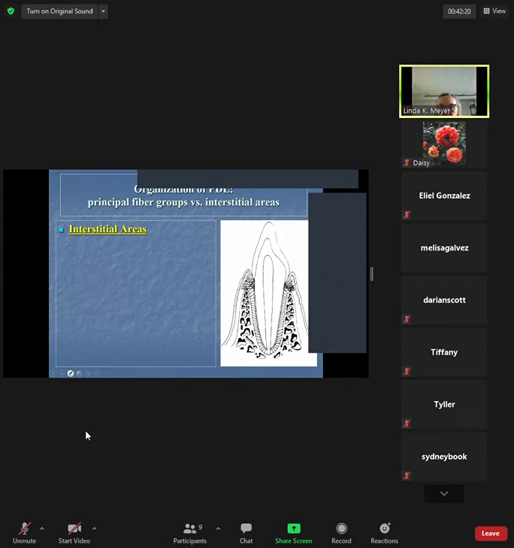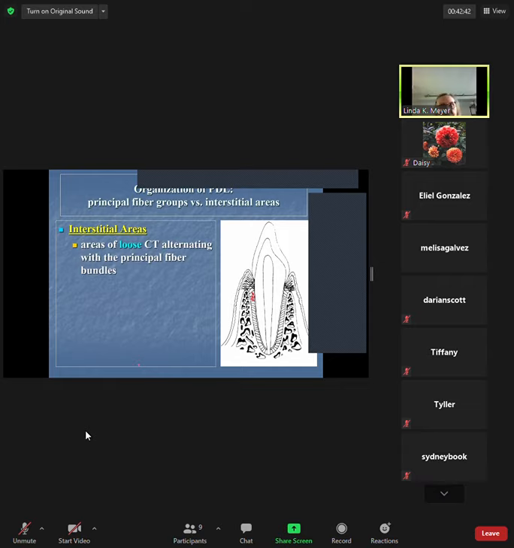Okay, but separating the fiber groups are interstitial areas. I'm just going to draw a little red where the white space is. I'm just drawing a blood vessel in cross section. Those white spaces represent what are called the interstitial areas.